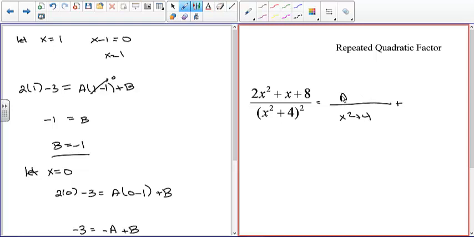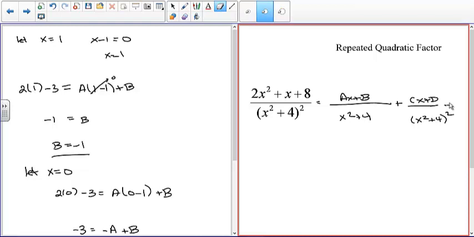Yeah, ax plus b, and then you have cx plus d divided by x squared plus 4 squared. We don't see this very often, and it's very similar to repeated linear factors, in that this is already in the right form.